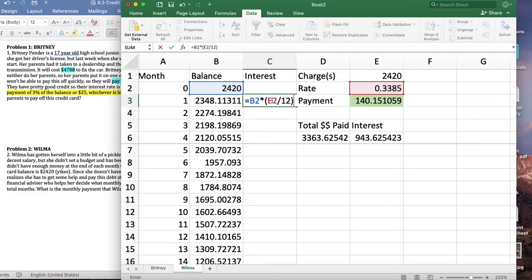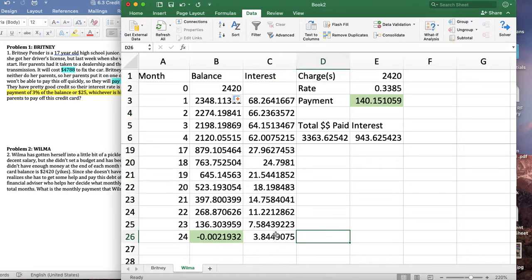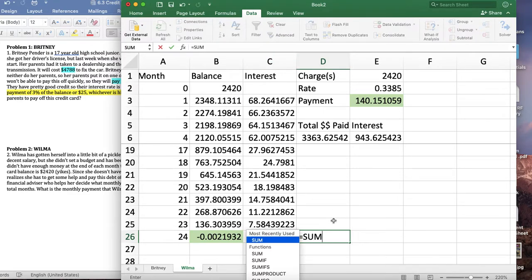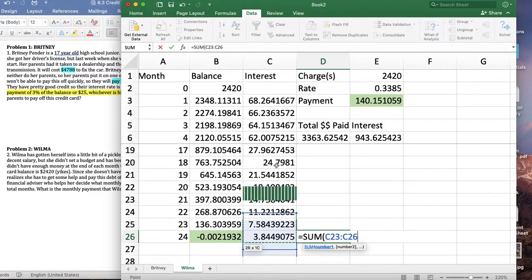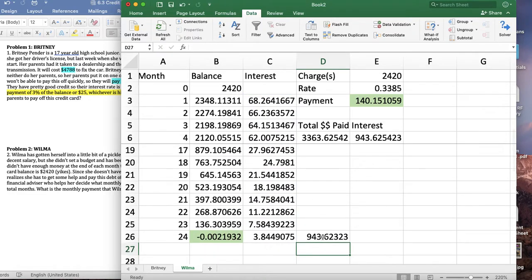I'm going to roll this down, make sure your interest rate is fixed. I can roll this down to the 24th month. And then I can just find the sum of all of the interest. And it should match this $943. Let's make sure it does. And it does.